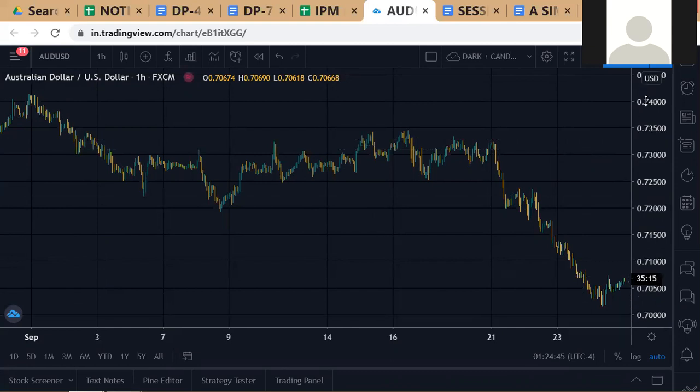What is changing is the number of US dollars. So when I say 1 Aussie is equal to 73.5 US cents, that also means that in order to buy 1 Aussie, you will have to pay up 73.5 US cents. That's what it means.